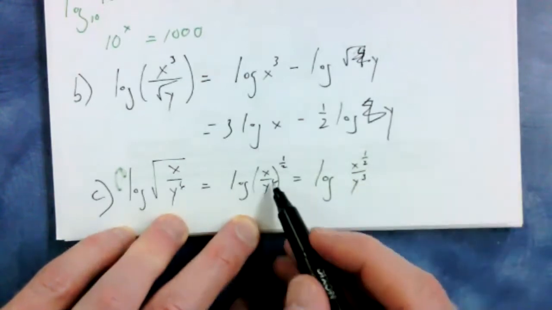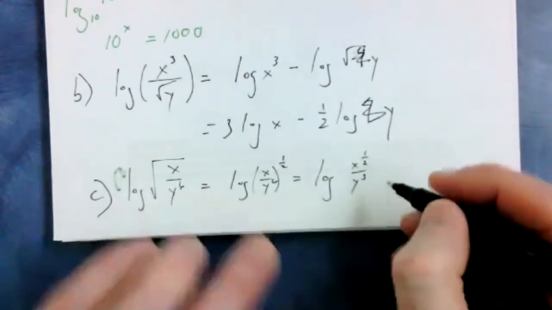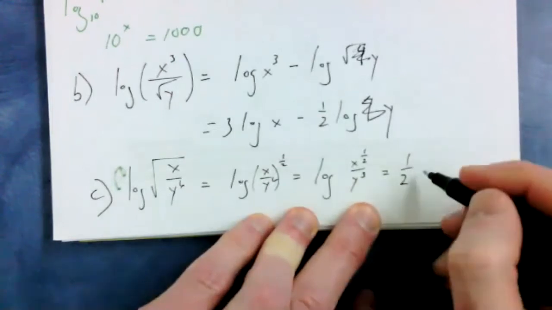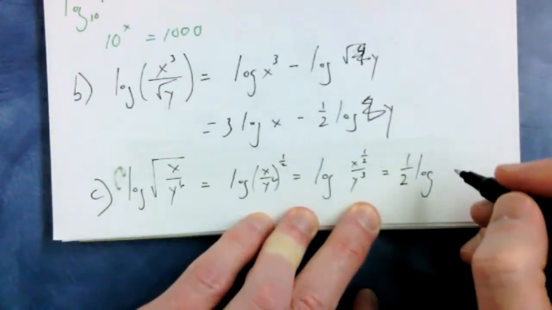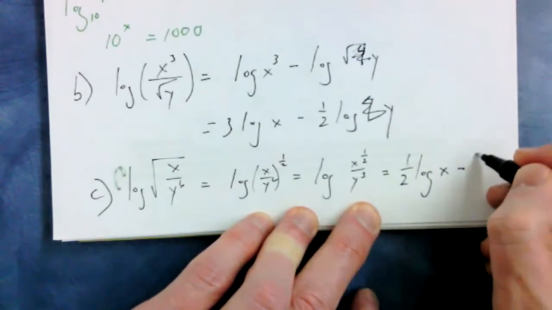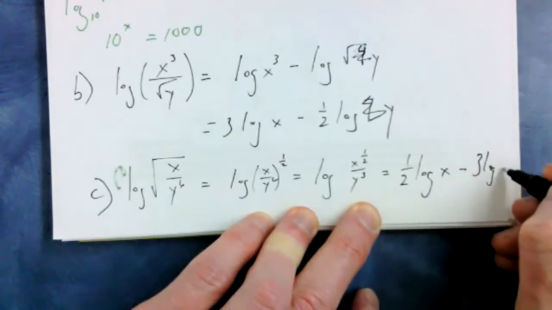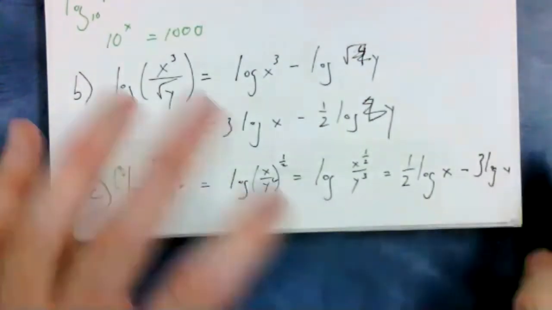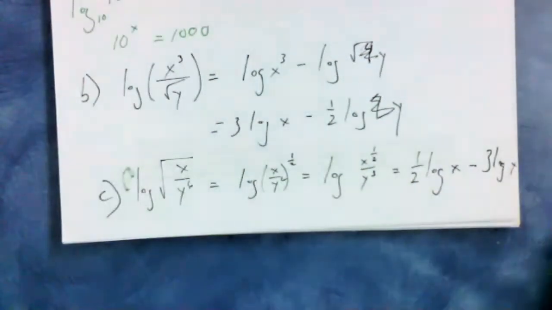Can you see that? Because 6 times 1/2 would be 3. I'm skipping one step here at the end because I'm running out of paper. 1/2 log of x minus 3 log y.